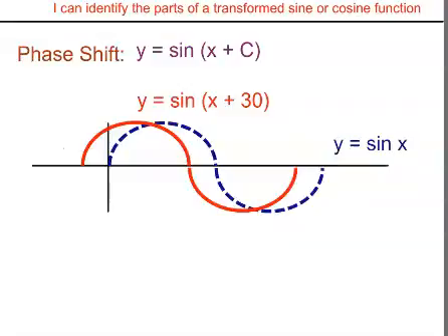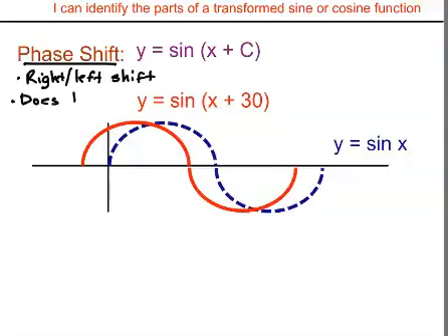Okay. These tend to be a little bit more challenging when it's inside the parentheses. But if you remember inside, just like before, inside goes right, left. It's a right, left shift. And just like before, it does the opposite of what you'd think.